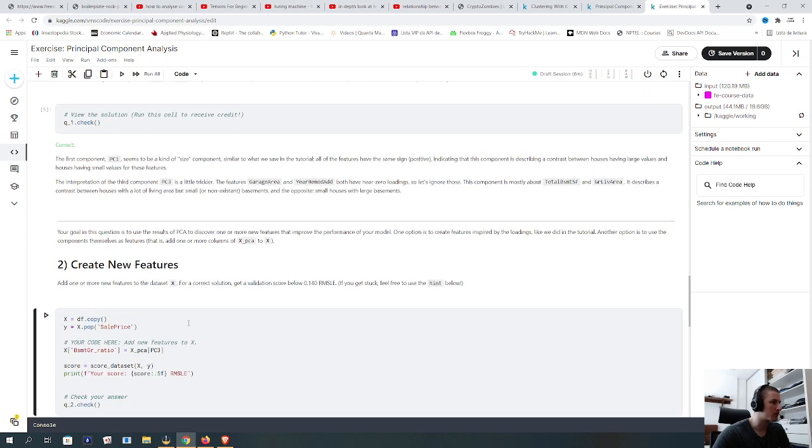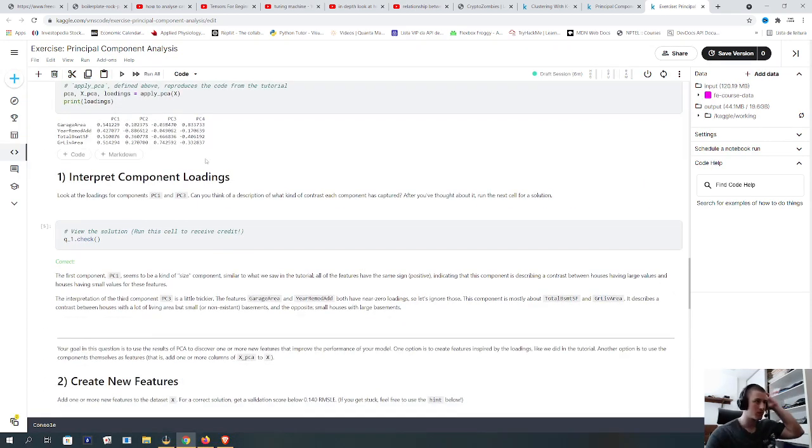PC3 is not defined. So how can I put this column there?